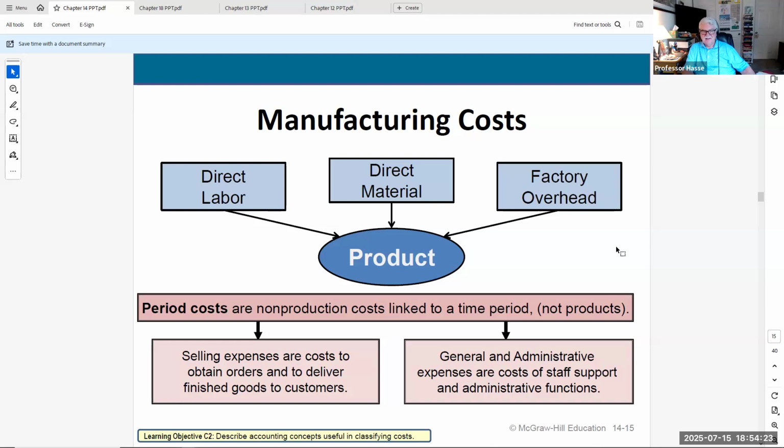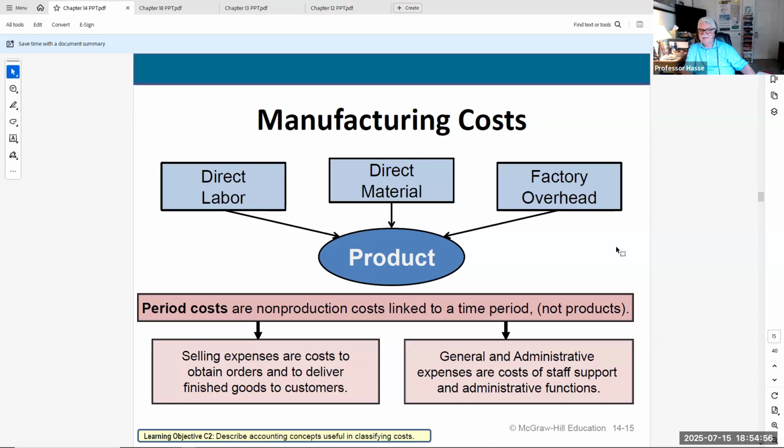Another second area of costs is right below that. They're called period costs, non-product costs: selling expenses and G&A expenses, general and administrative. If I worked in the accounting office of a company, I have nothing to do with producing the product, but I have everything to do with providing backup information and data.